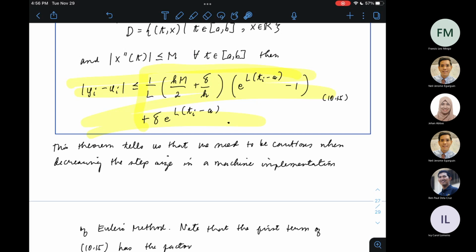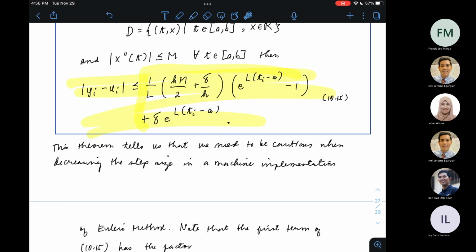So it's back to HM over 2L times this exponential minus 1, the GDE. But once you implement it on the computer, that no longer holds. Even a small delta, even if delta is super small, a small machine epsilon means the floating point arithmetic and representation in the computer are very accurate.